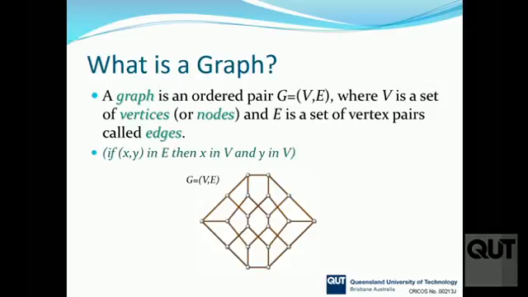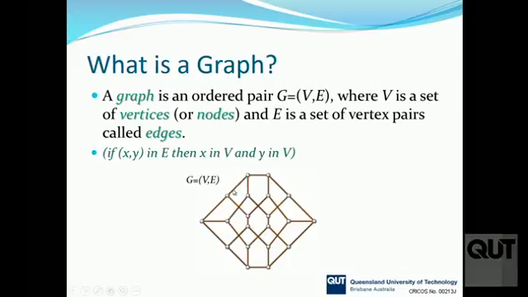One very common structure in mathematics for doing this is what's called a graph. A graph is defined this way. It's an ordered pair, a pair of sets V and E, where V is the set of vertices. That is basically all of these nodes. These are the vertices, or nodes. And E is the set of vertex pairs called edges.